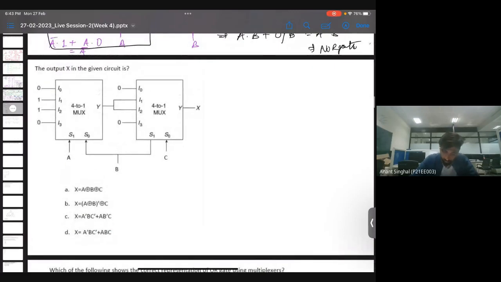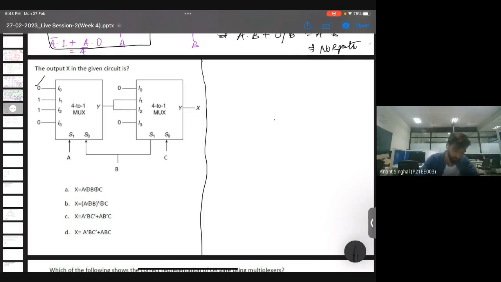So maybe you can tell me what is the answer. I'll then solve it. There are certain inputs which are given to the mux. Certain select lines are there. You need to check them carefully. And then the output of this mux is fed to this second mux, and we want to calculate x.